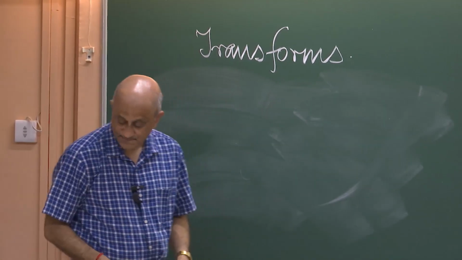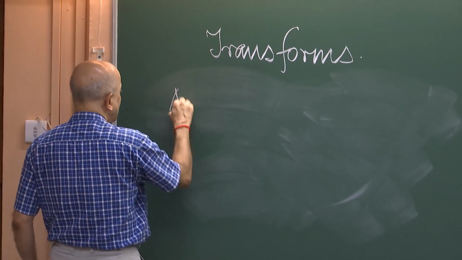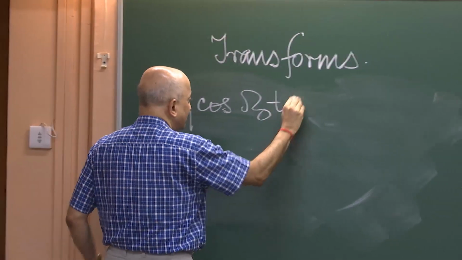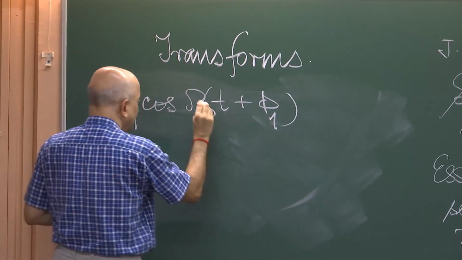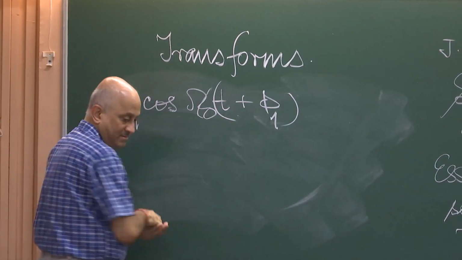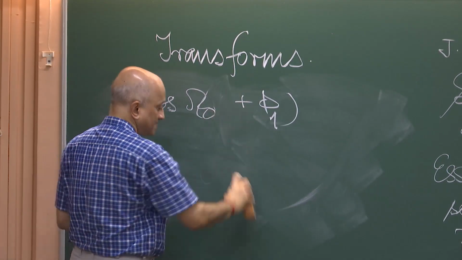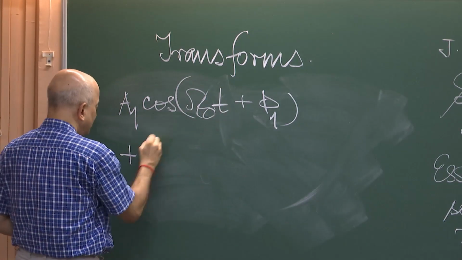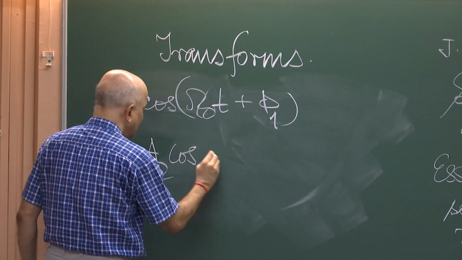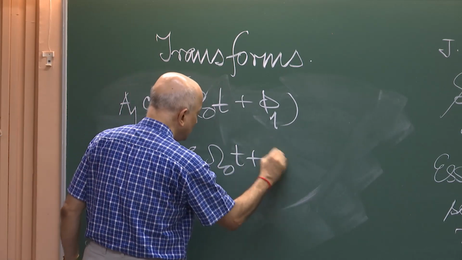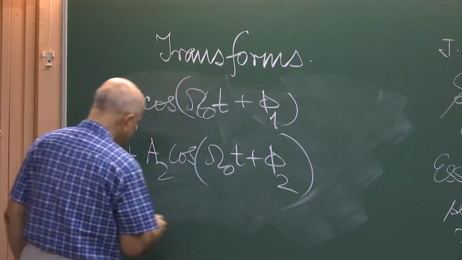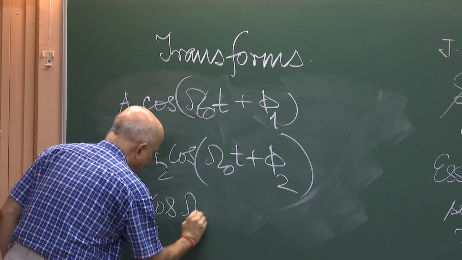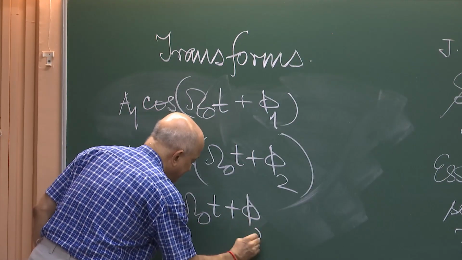So, for example, A1 cos(omega naught t plus phi 1) plus A2 cos(omega naught t plus phi 2) can be rewritten as A3 cos(omega naught t plus phi 3).